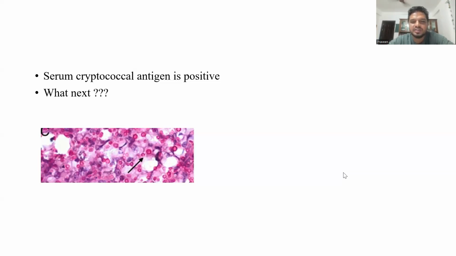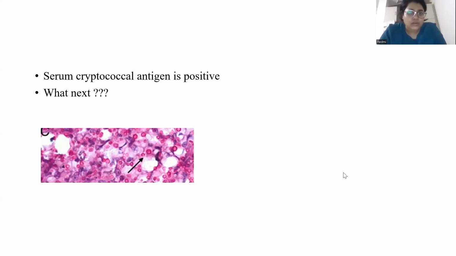It could be pleomorphic, right? The classical description of umbilicated papules is for disseminated cryptococcus in HIV. But in SOT settings, you might get any picture of cryptococcus.